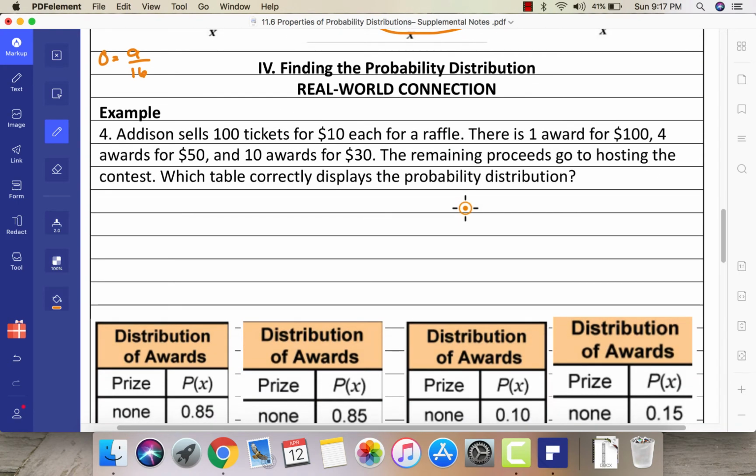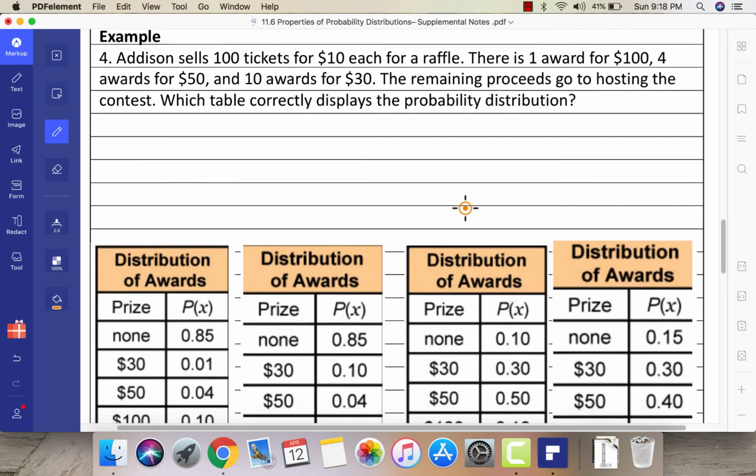All right. Finding the probability distribution, real world connections. So Addison sells 100 tickets for $10 each for a raffle. There is one reward for $100, 4 awards for $50, and 10 awards for $30. The remaining proceeds go to hosting the contest.